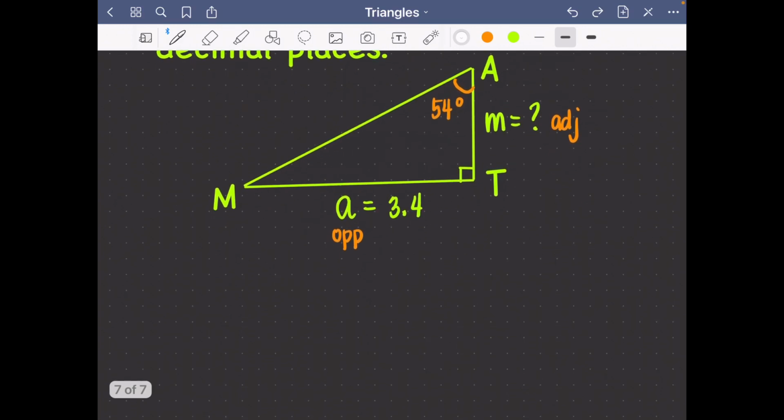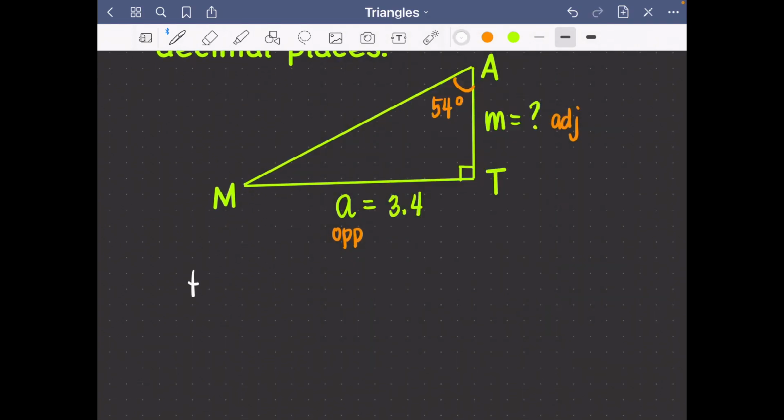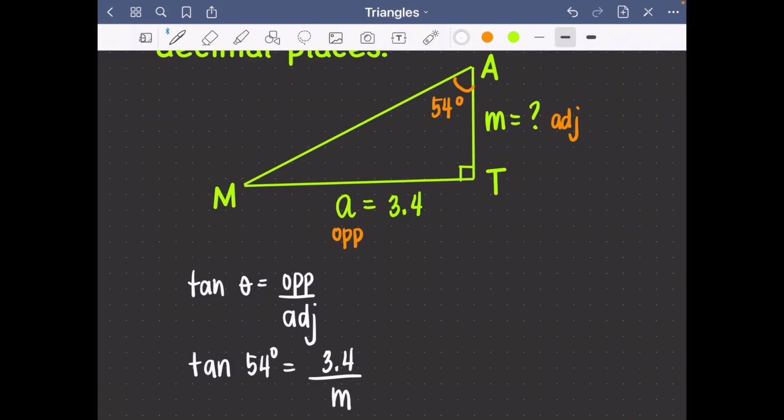Very good. So that would be tangent. Okay, so we will use tangent theta is equal to opposite over adjacent. My angle is 54. So tangent 54 degrees is equal to opposite, which is 3.4 over the adjacent side, which is M.